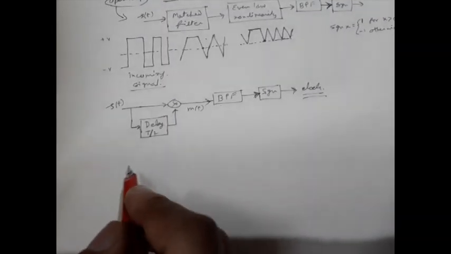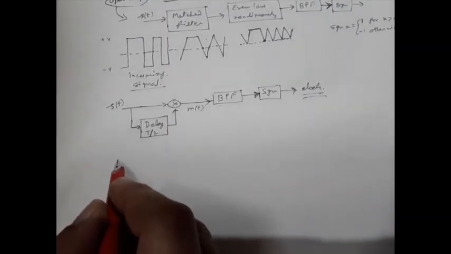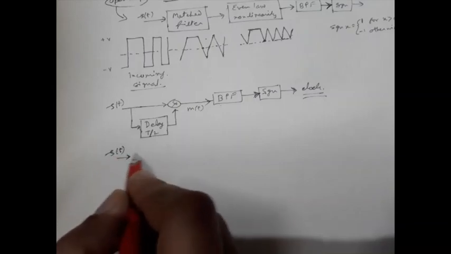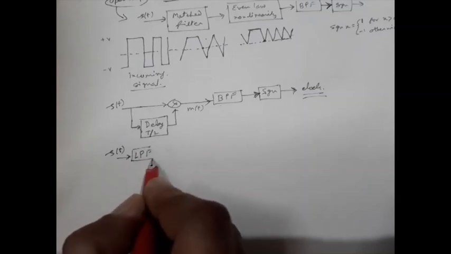Let us take another example of an open loop bit synchronizer. The input signal is first passed through the low pass filter.